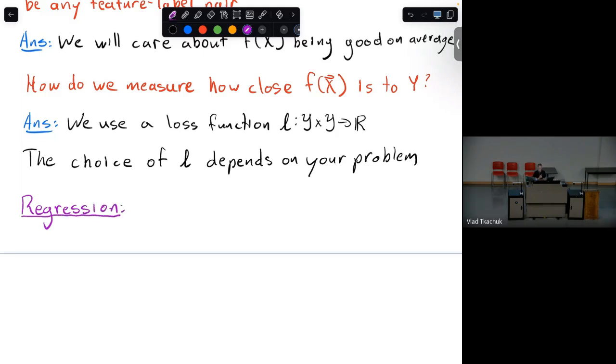So this is regression, and roughly speaking, a problem is called regression if these labels y, elements of the label set, represent something with a notion of order.